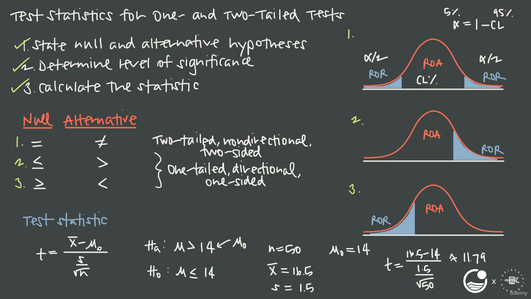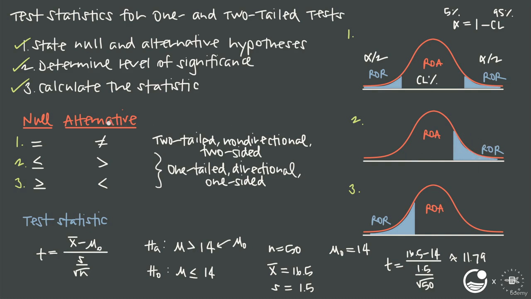So in scenario 2 here, the alternative hypothesis states that we think the population mean is greater than some hypothesized value. And because we use this greater than value, that means we're using what we call an upper-tailed test, and the entire region of rejection is squeezed into this upper tail. There is no other region of rejection down here in the lower tail, so we just have the region of acceptance on the left and the region of rejection on the right.